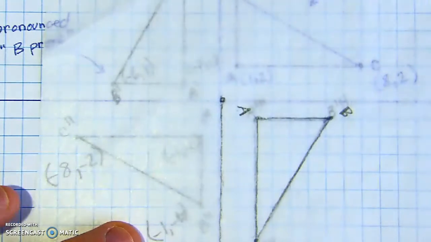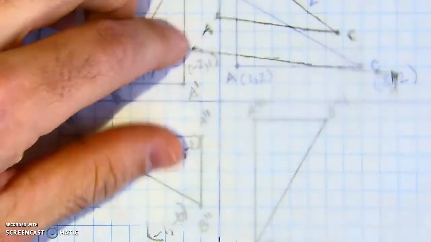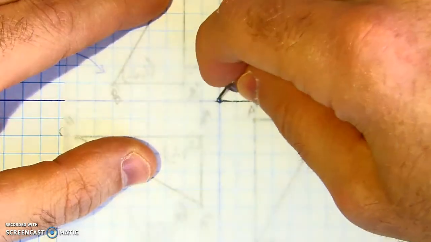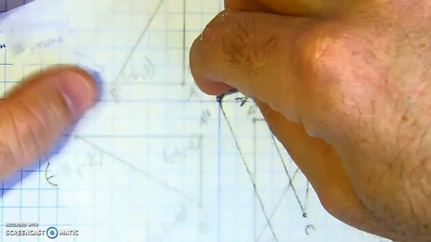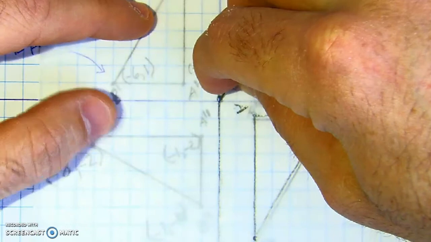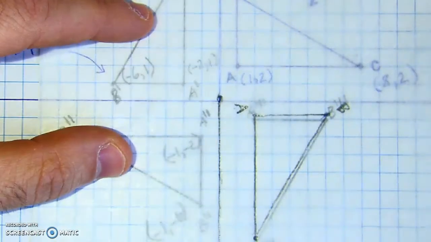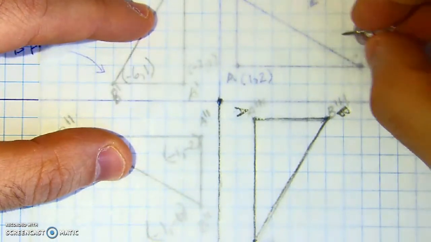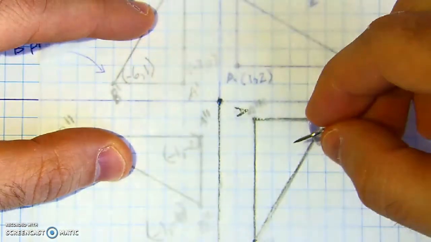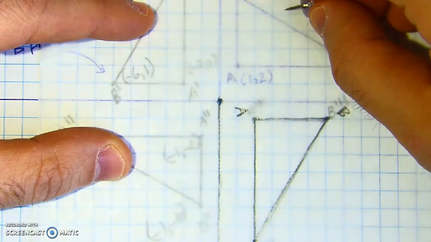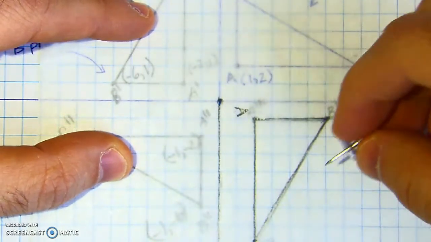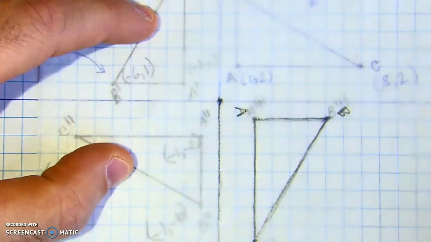You may have said to yourself, wouldn't it be a lot easier to get to that same spot had I just done a 90-degree clockwise rotation? And if that thought went through your head, that's really good, because that's exactly what I wanted you to see. A 270-degree counterclockwise rotation has the same rule as a 90-degree clockwise rotation. So we'll make note of that on that notes page as well.